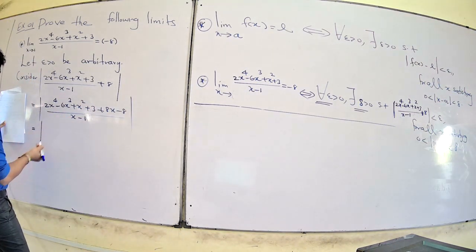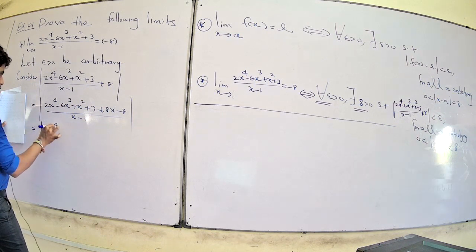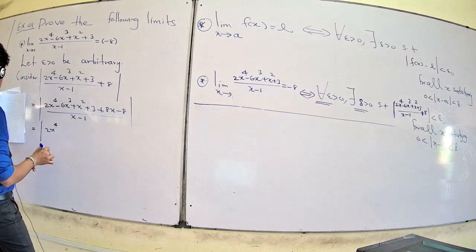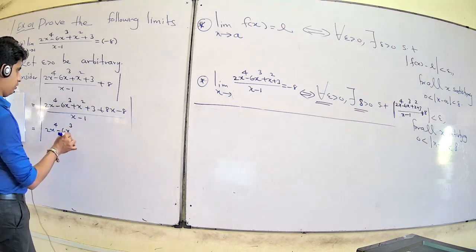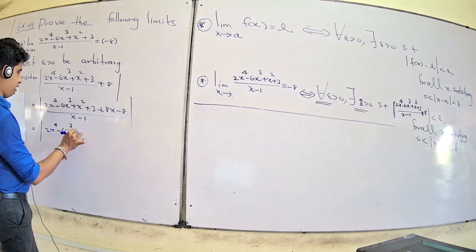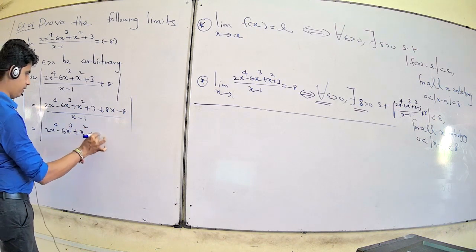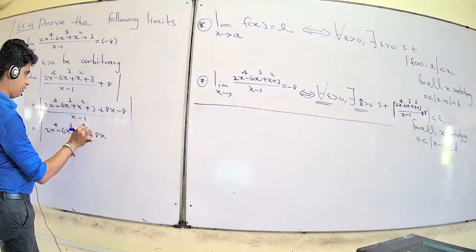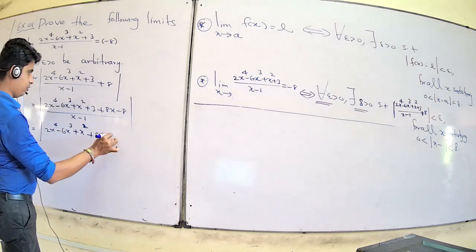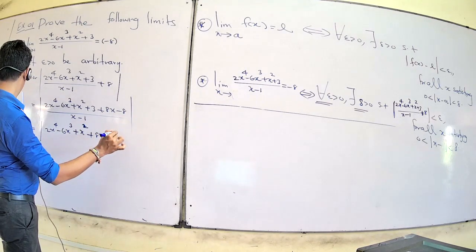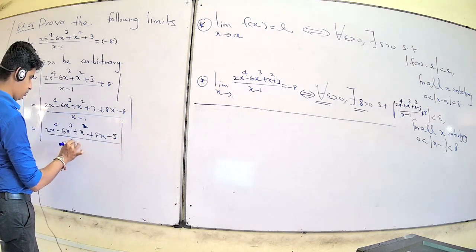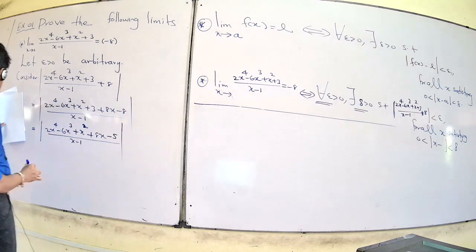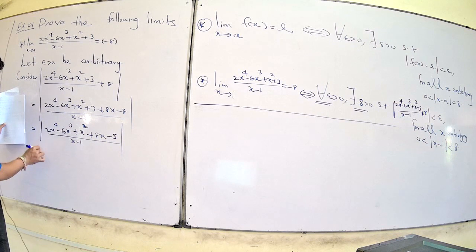Now again you can simplify it. 2x to the power 4 minus 6x cubed plus 8x squared plus 8x minus 5, over x minus 1. Now you can factorize this one.